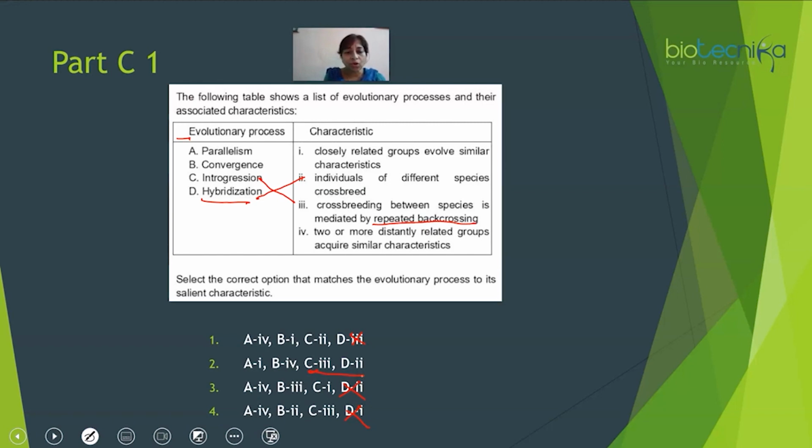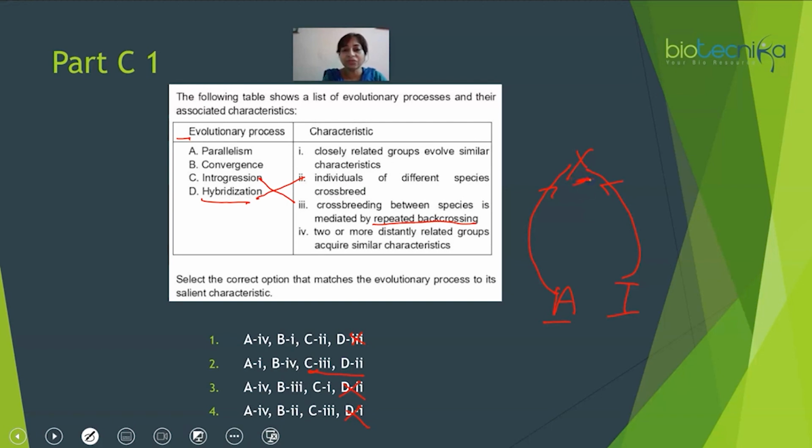There's parallelism and convergence. Now what is convergence? In convergence, two unrelated or two distantly related species which do not have the same characters somehow develop a similar characteristic. That is what we call convergent evolution. They are distantly related or not related, so basically it means that the ancestors were more different from each other compared to the descendants.